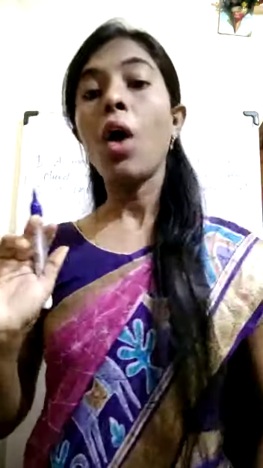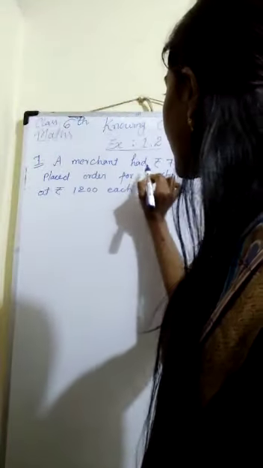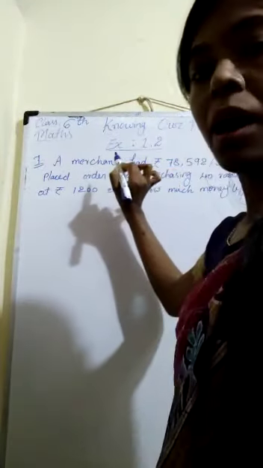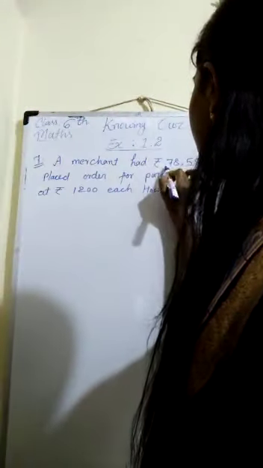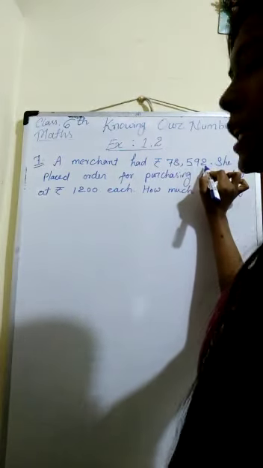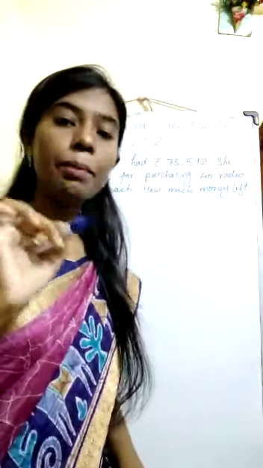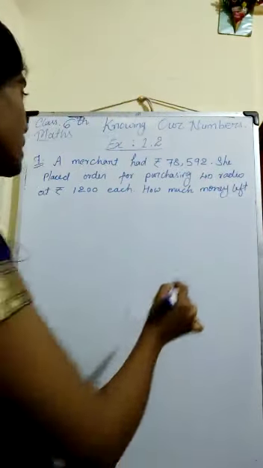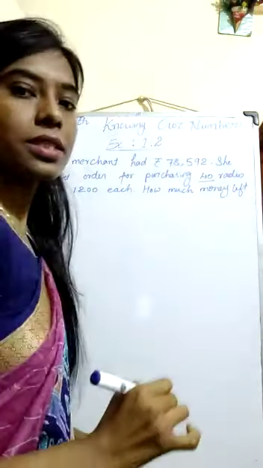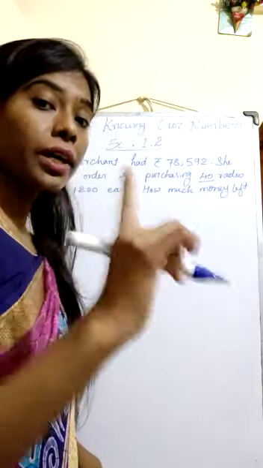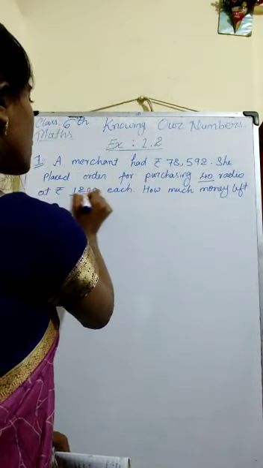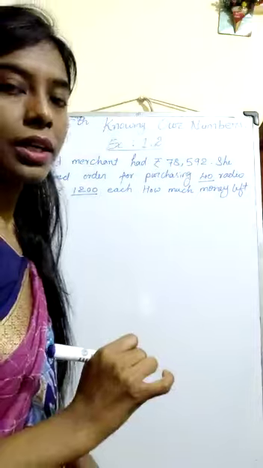How much money did the merchant have at the beginning? A merchant had 78,592 rupees, and she purchased how many radio sets? 40 radio sets. And the cost of one radio set is 1,200.